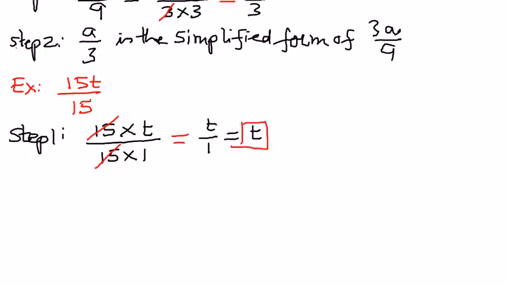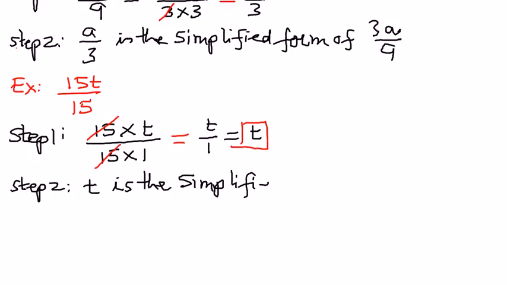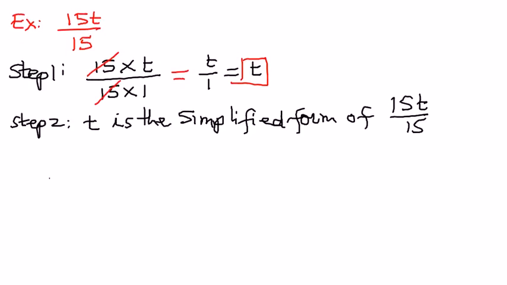So therefore, in step number 2, we're going to come back and say t is the simplified form of 15t over 15. Okay, let's look at another example.